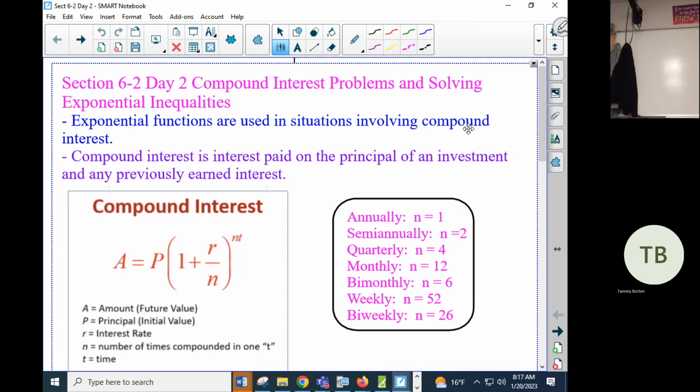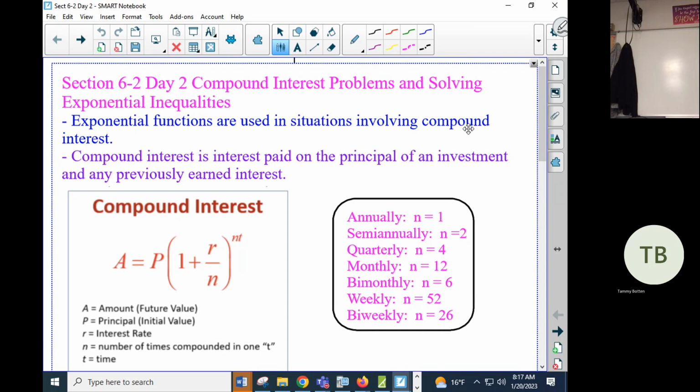One is called simple interest, and one is called compound interest. Compound interest gives you a lot more interest paid on your money, but not all savings accounts, maybe not any, I'm not positive on that, give compound interest.